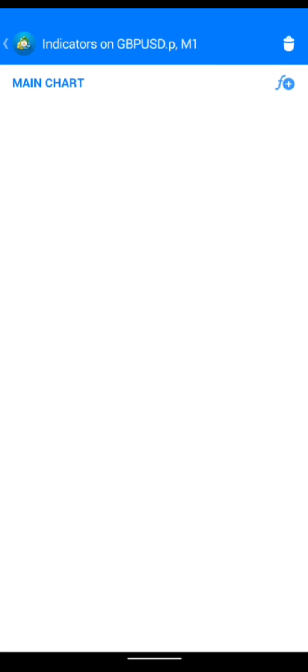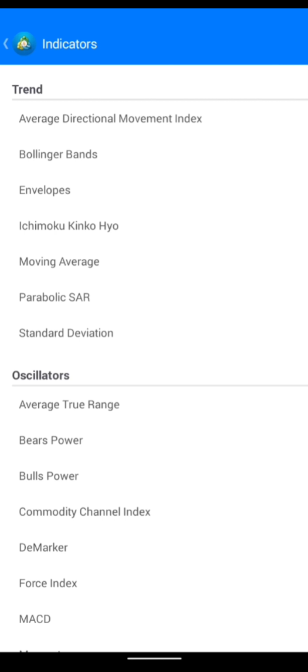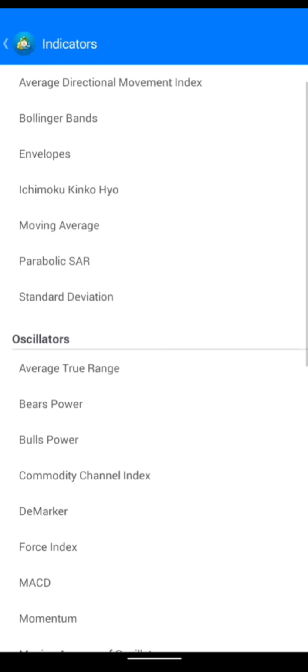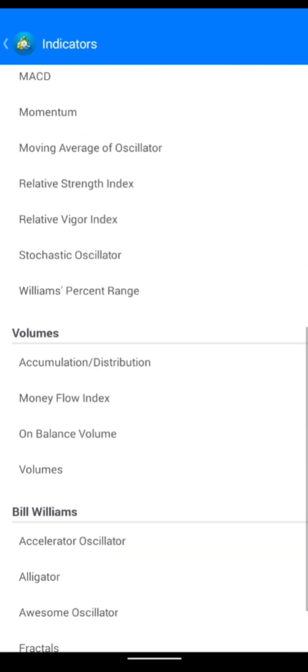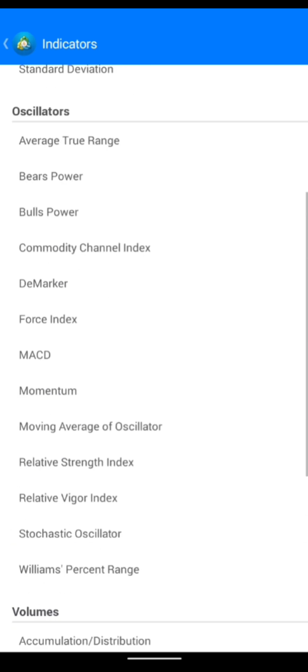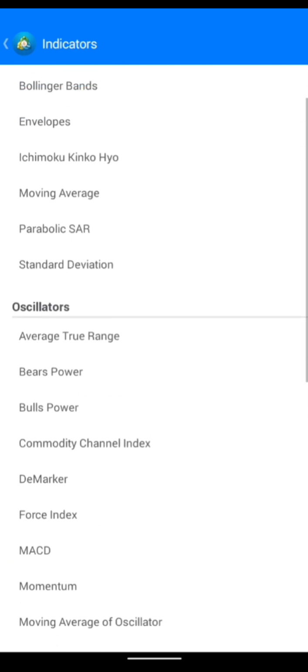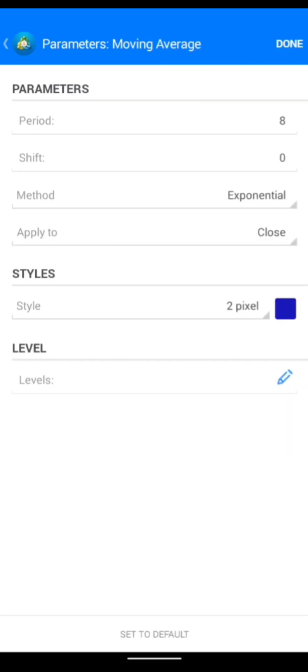Indicators are things like RSI. Let's click F plus, that's to add an indicator. For trend indicators, we have things like average directional movement indicator, moving average, oscillators, and volumes. If you want to add a moving average, the parameters, the period of 8, shift.